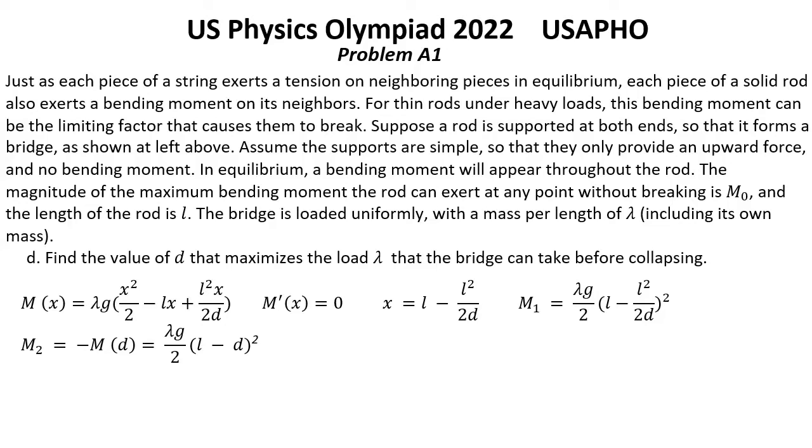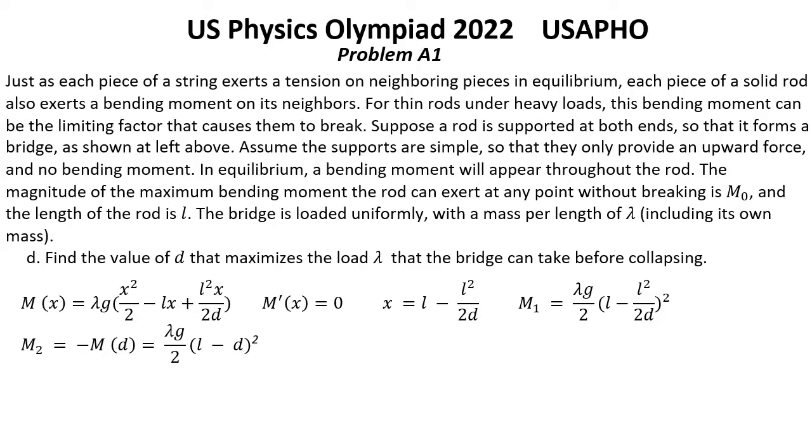As we move the right support closer to the center, the middle of the bridge becomes more stable, since M1 decreases. At the same time, M2 increases, because more of the bridge is hanging off the edge of the right support. The bridge will not collapse as long as both of these quantities, M1 and M2, are less than M0.